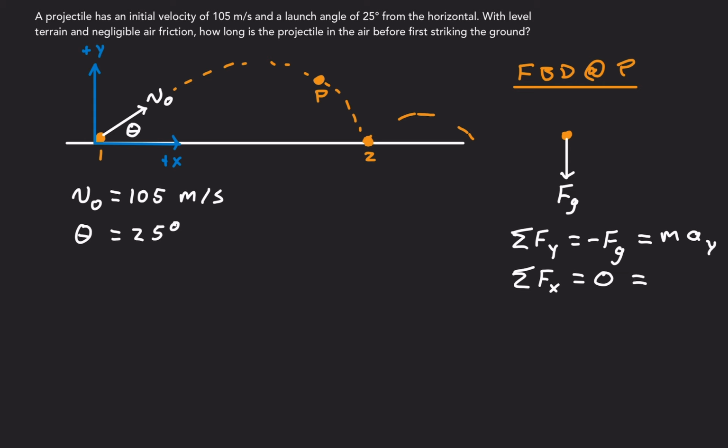This is also equal to mass times acceleration in the x direction. Now, from these two summations of forces, we can look at the y force, negative Fg, which is equal to negative mass times the gravitational acceleration, equals m a_y.